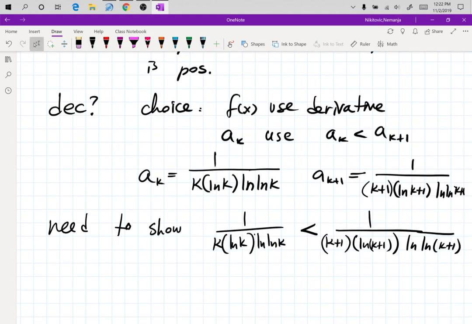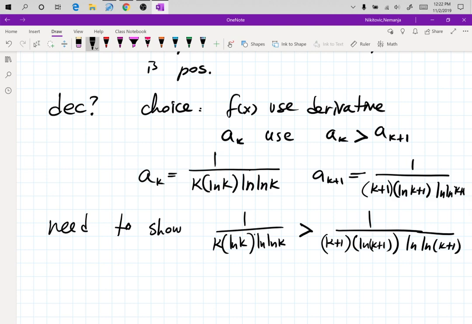So what am I going to do? Well, I'm going to cross multiply, right? When I cross multiply, no, wait, I need decreasing. I need decreasing. That means that the next term has to be smaller. I have this backwards, right? Because a_k, which is the term now, needs to be bigger than the next term to have decrease, right?